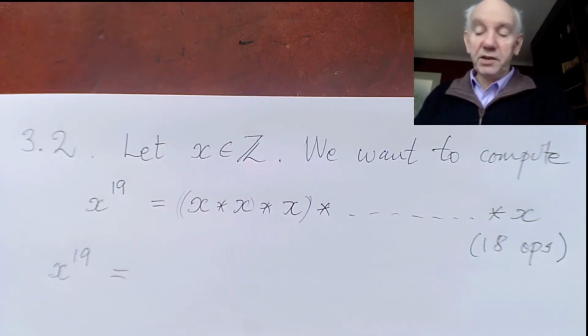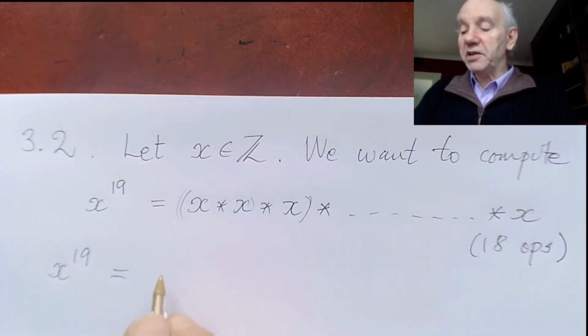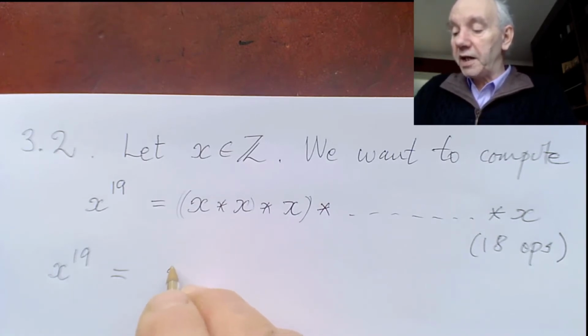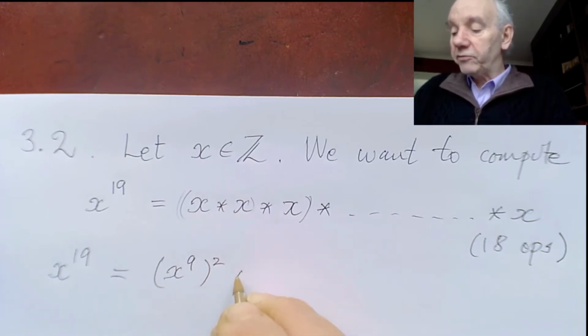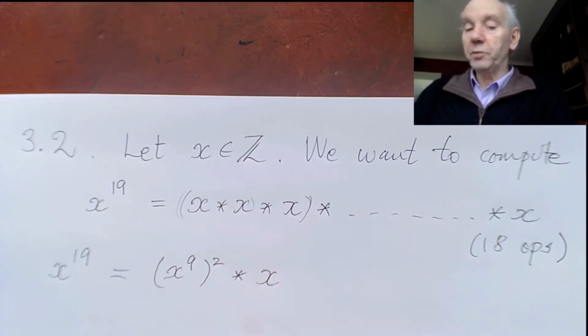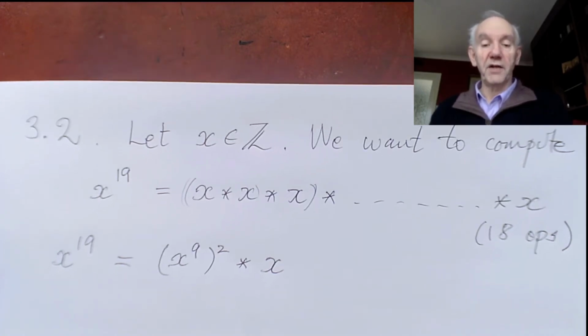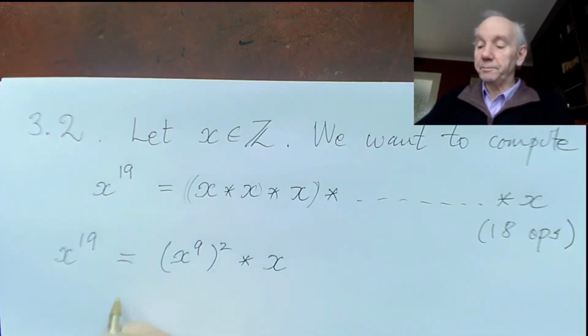So the first thing I do is think of it as x to the 18 times x. And x to the 18, being an even number, is the square of something: x to the 18 is x to the power 9 squared, and then we multiply by the extra x. So obviously x to the 19 can be written like that. No one's going to dispute that.